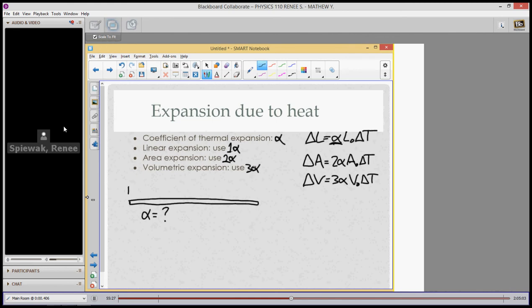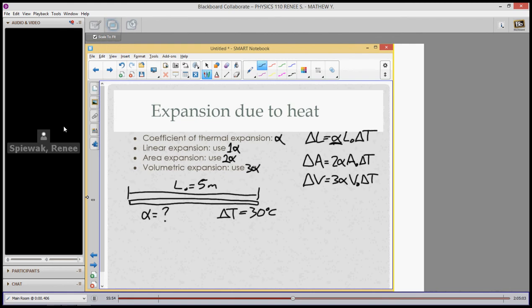But what you can do is measure what the initial length is, and I specify this is 5 meters, and then expose it to a change in temperature of, say, a whole 30 degrees C. You want to really measure this precisely so you make the number very large.